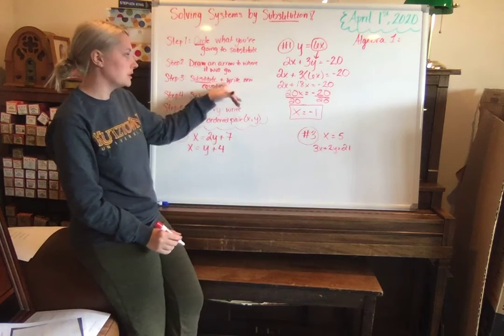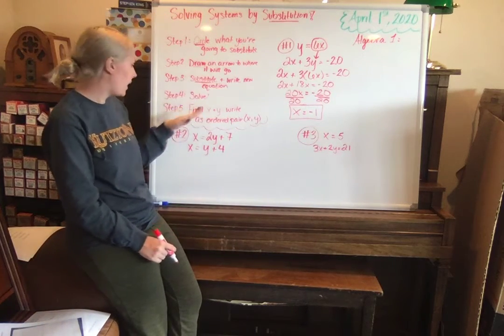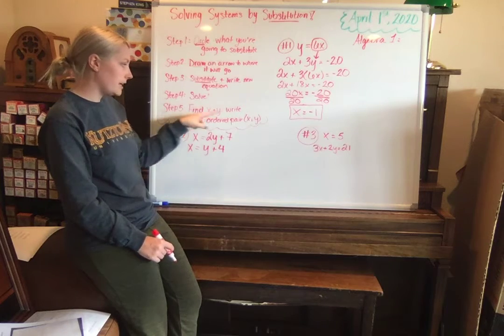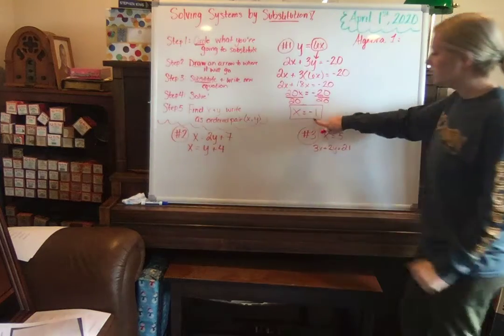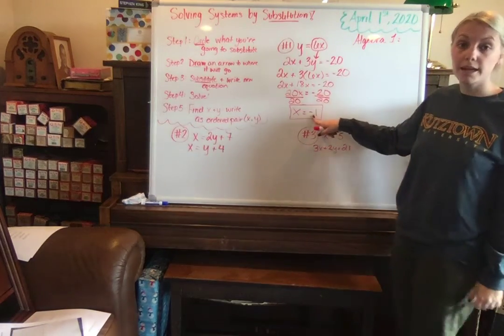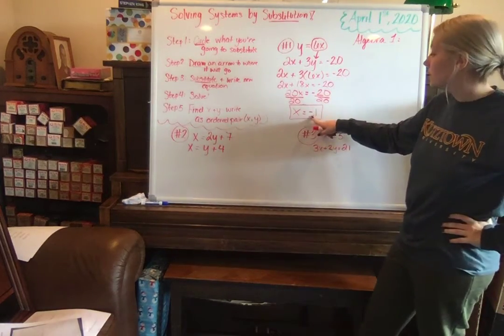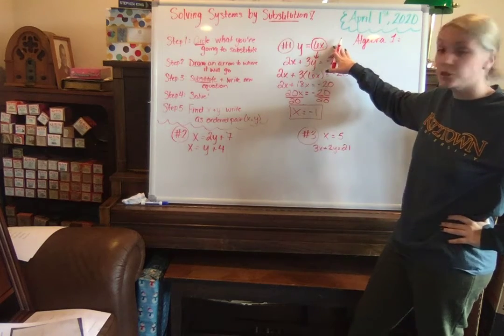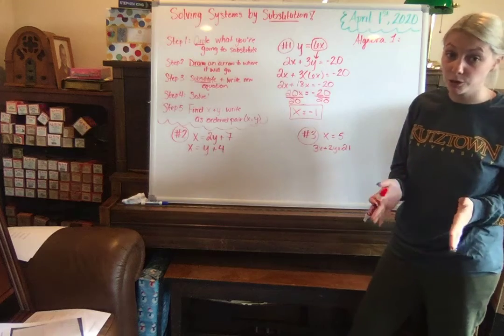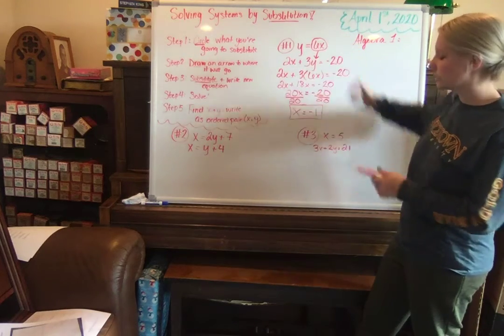So we substituted stuff in, we wrote the new equation, we solved for x. We need to now find x and y and write them as an ordered pair. So now we have our x, which is great. Now we need to take this negative 1 and find out what our y is. When I substitute this in, I tend to pick the easier of the 2 equations. It really doesn't matter which one you pick. I just tend to stick to the smaller one.